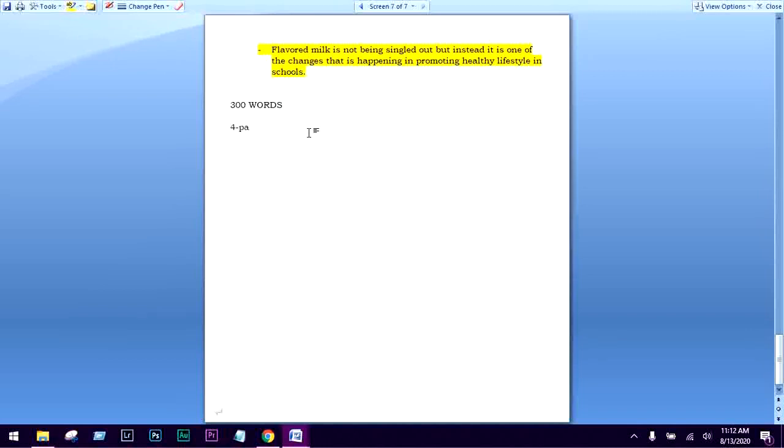Okay, a 4-paragraph essay. So what should you put in your first paragraph? It's your introduction. What should be included there? What are the thesis statements of both sides? Who are the writers?